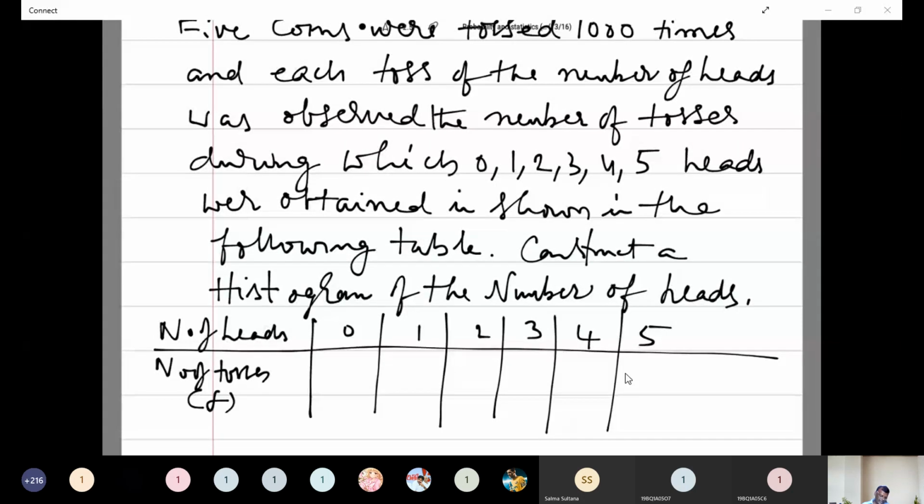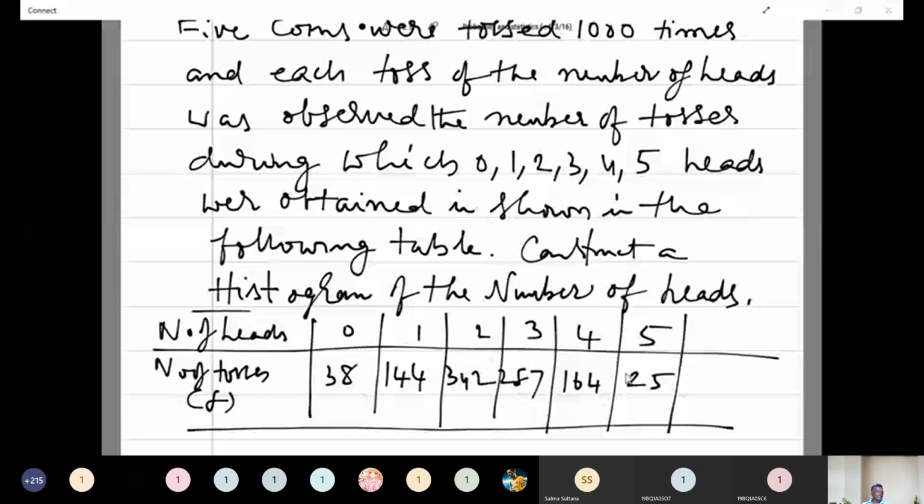Frequency 38, 144, 342, 287, 164, 25. Now, for this data, we have to draw a histogram.